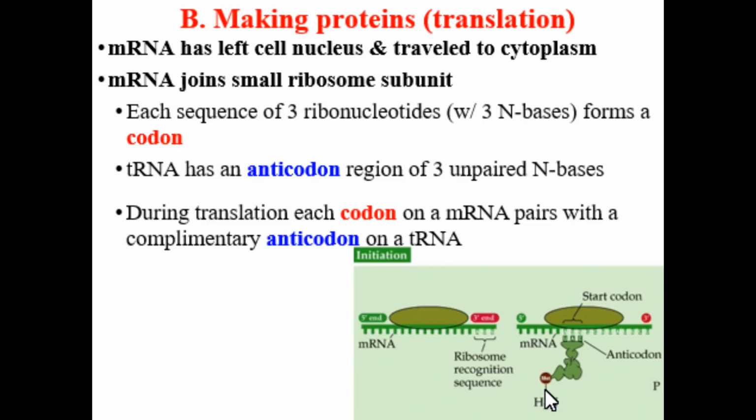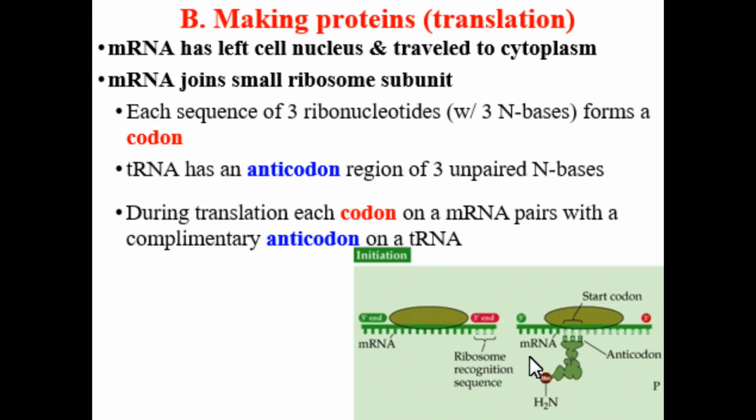So in order to get methionine right here to begin with, the only transfer RNA that's going to match up with this codon, those 3 bases right there, is a transfer RNA that has the amino acid methionine.